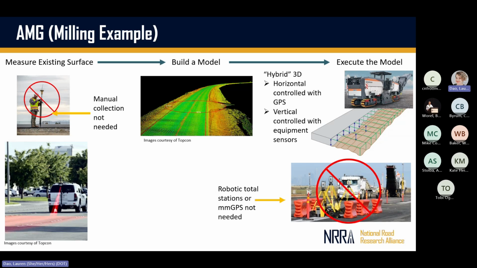But because we have this nice new dense model, we can use the sensors on our equipment to get us that elevation. We're just telling the machine, here's what the surface is now, here's where we want it to be, and it's able to do that without needing really sophisticated millimeter GPS or robotic stations.